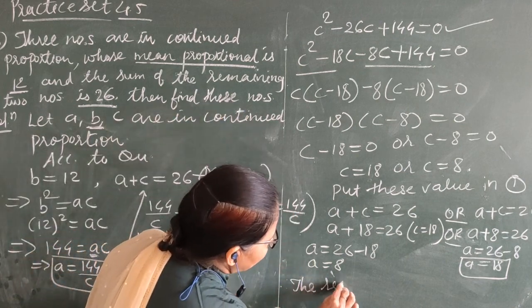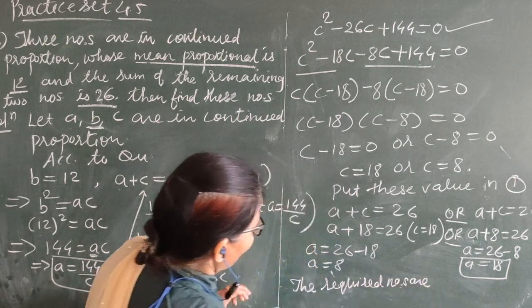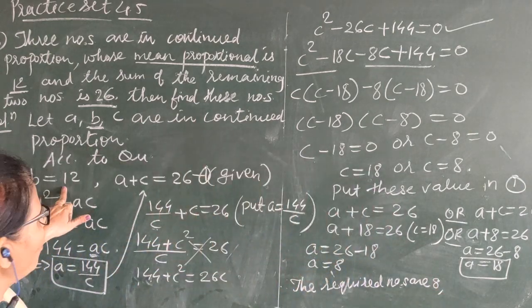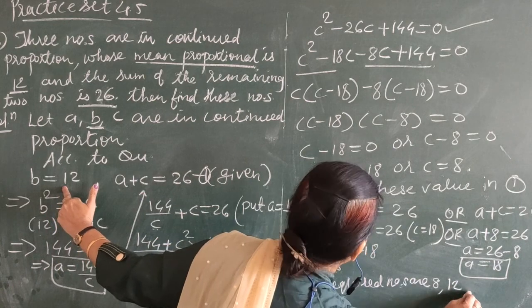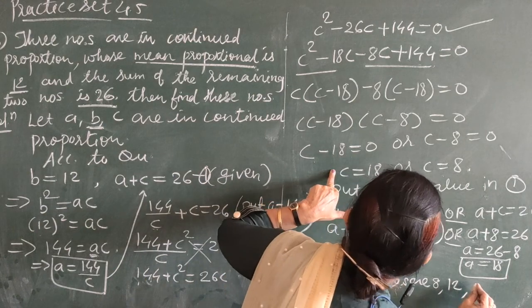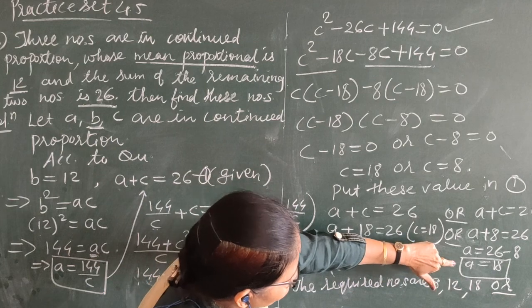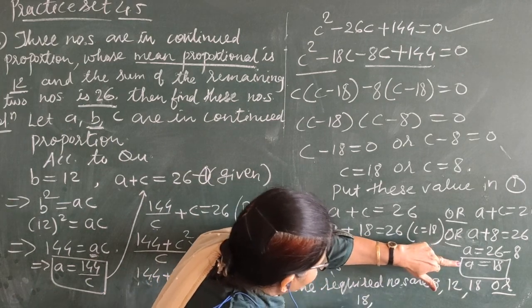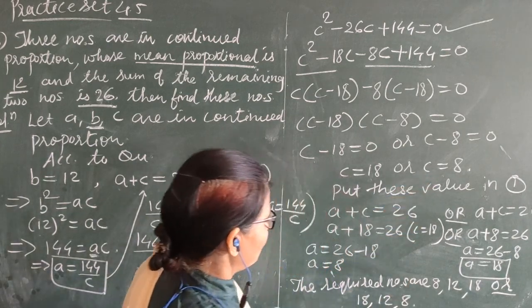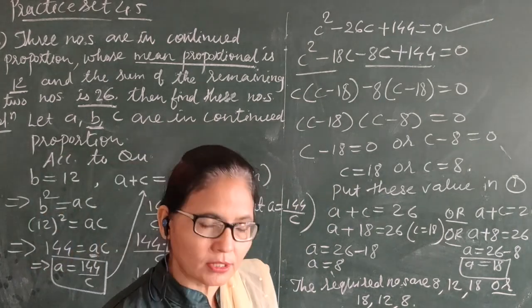Therefore, the required numbers are: if I take this A as 8, your B is 12, and your C is 18. This is one more value of A you got, 18, your B is 12, and here your C is 8. So these are the required numbers for this question. I hope you understood this third sum also.